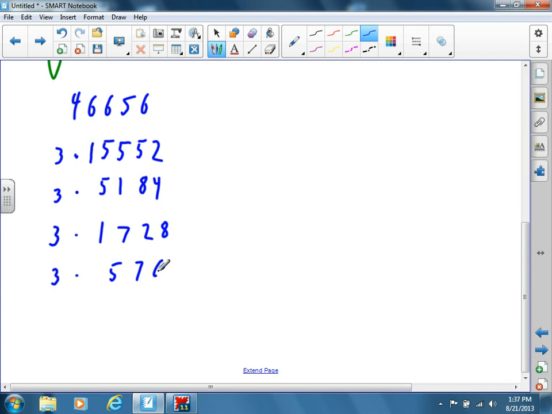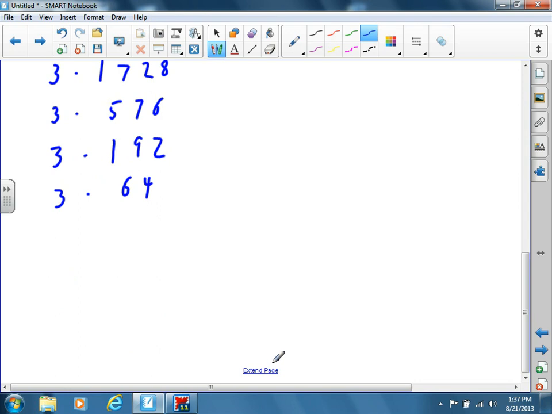576, I add those together, they're divisible by 3: 3 times 192. That's divisible by 3: 3 times 64. 64 is not divisible by 3 anymore, but 64 is 2 to the 6th power, is it not?